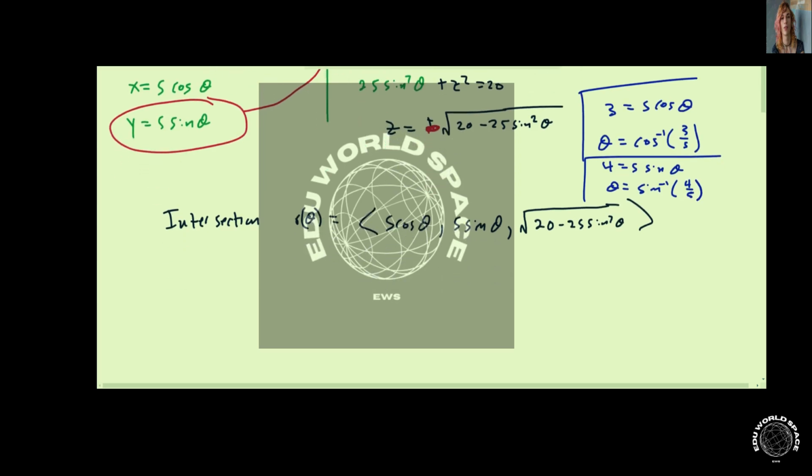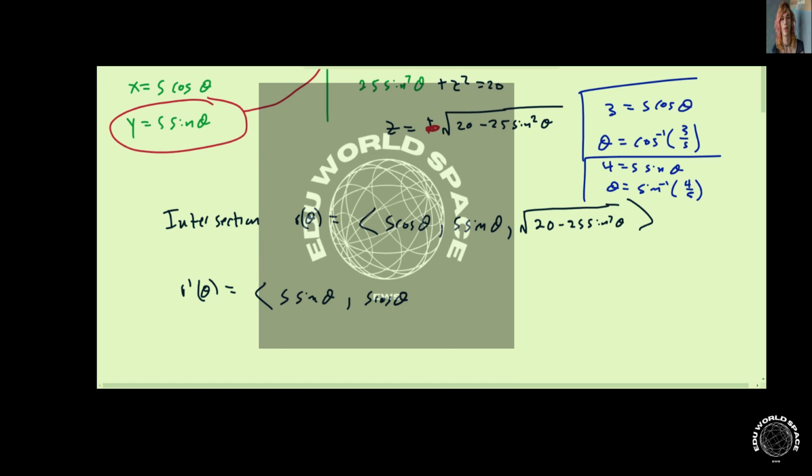In the meantime, we need to find the derivative of this. So r prime of theta is going to be equal to, the derivative of 5 cosine theta is negative 5 sine theta. The derivative of 5 sine theta is 5 cosine theta.